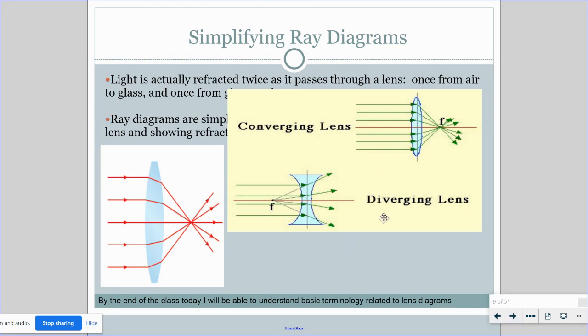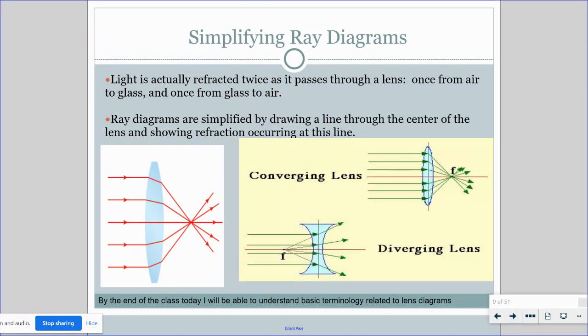Now, when we're doing our ray diagrams, there's a refraction happening at this surface, then it travels straight, and then another refraction coming here. But to be able to calculate all the angles and to do all that is a lot of work. So we make these diagrams simplified by having what we call an optical center. We draw a line straight through the center of the lens that we call the optical center.